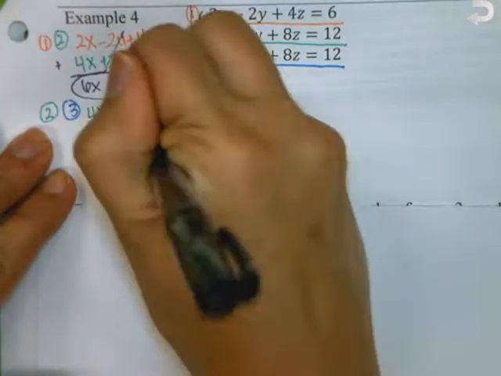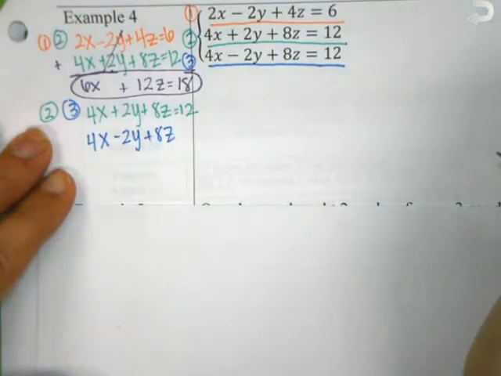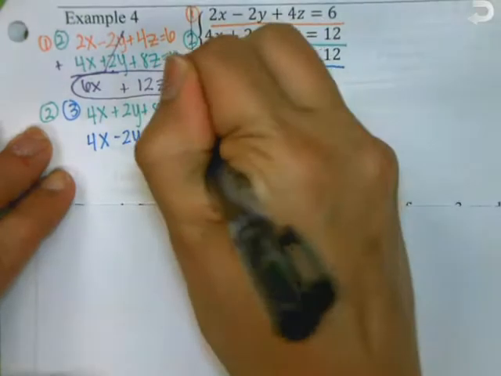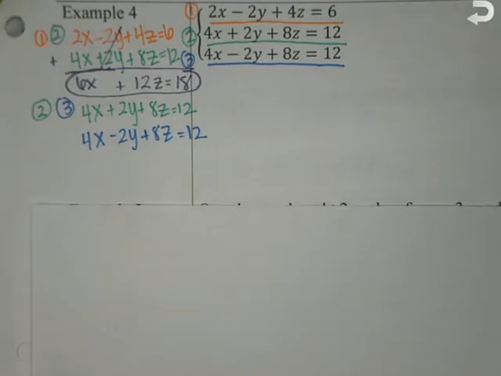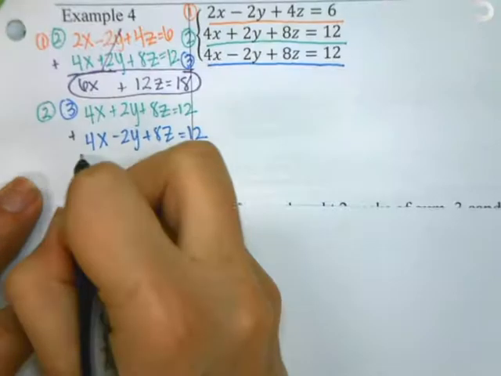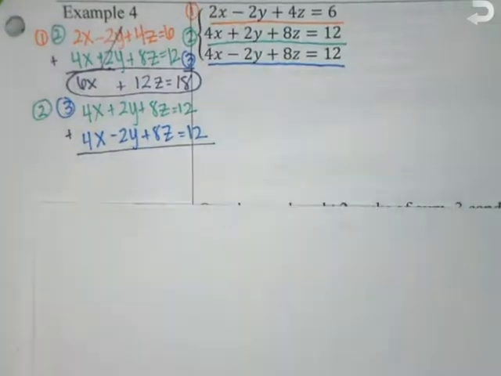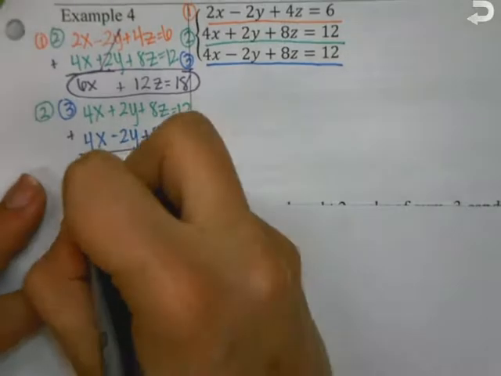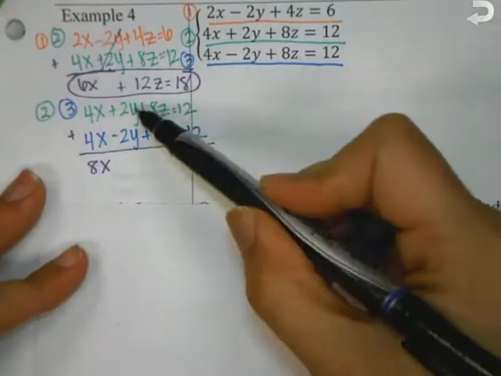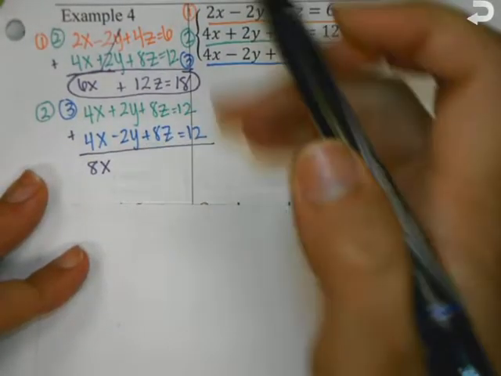Okay, let's add those two together. 4x plus 4x is going to give me 8x. Positive 2y minus 2y cancels, which is what we wanted to happen. And 8z plus 8z is plus 16z equals 24. Circle that one.